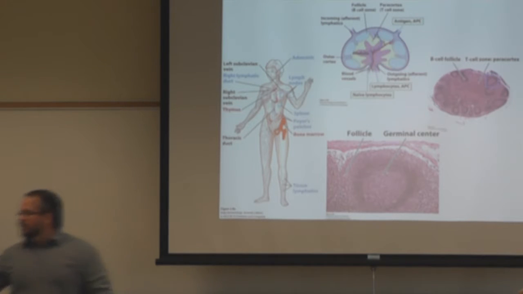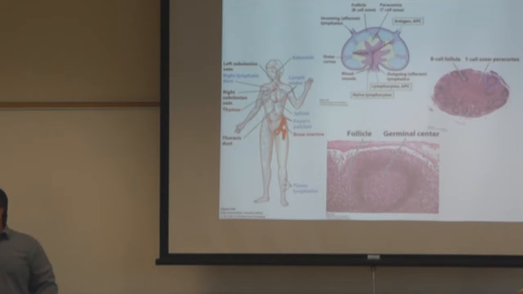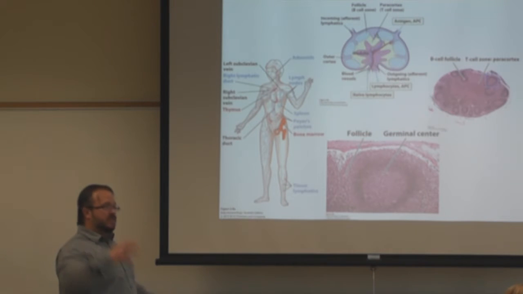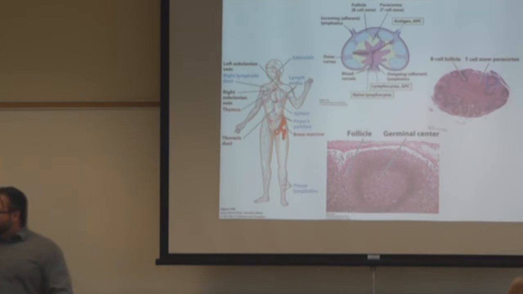Some B cells will move back to the cortex and into these follicles. Once follicles get B cells into them, they make this germinal center.